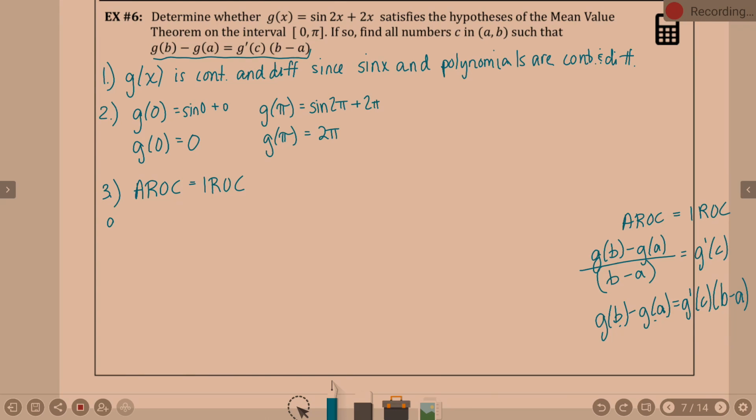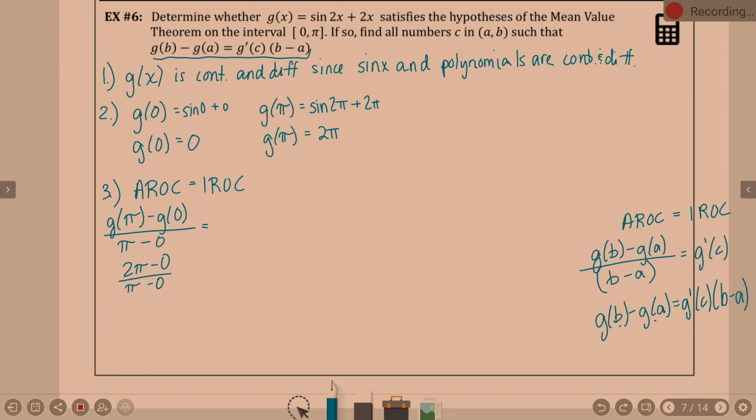Officially, I'm going to write it as g of pi minus g of 0 over pi minus 0. Just official notation, right? We fill this in. 2 pi minus 0 over pi minus 0. Do I have that right?